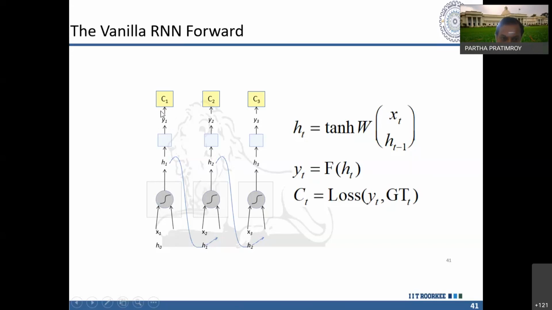C1 is the loss function, so you see what the error is, and based on this you modify. So y1, y2 are the results, and this h1, the activation after tanh or sigmoid, comes again into the set along with x2, the next word. For example, initially the word was stack, and then it will be mode.